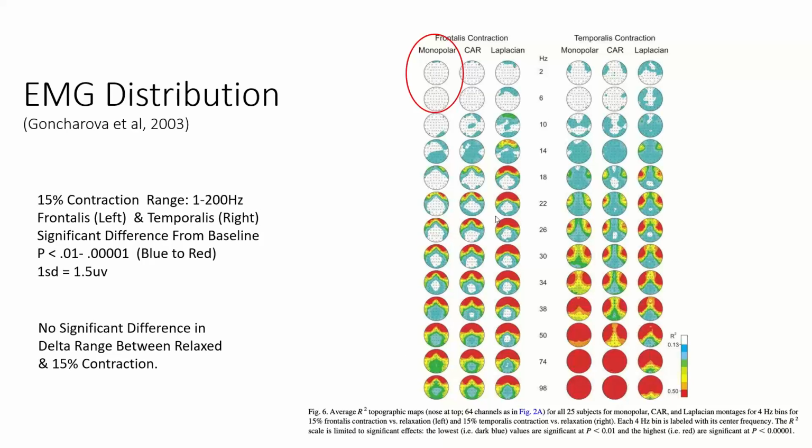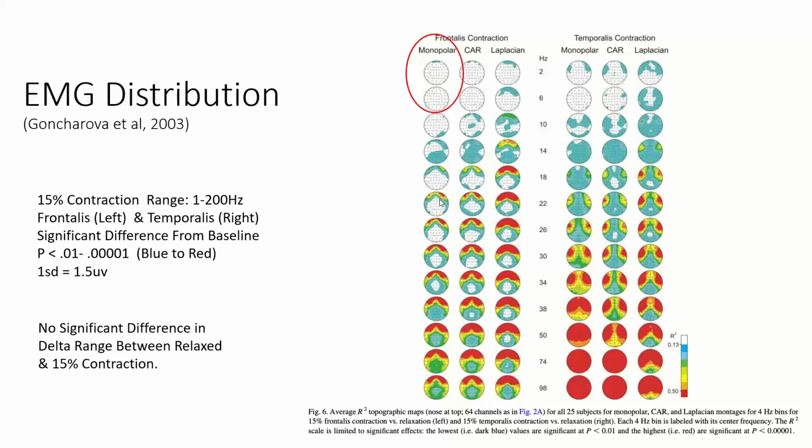And so you can see this is slowly getting more and more red in the front. We're around 18 hertz. Even though SMR is showing up in Laplacian, it's not showing up here. So when you're using monopolar, you're not really seeing much at a general, elevated range till about 22 hertz, right?